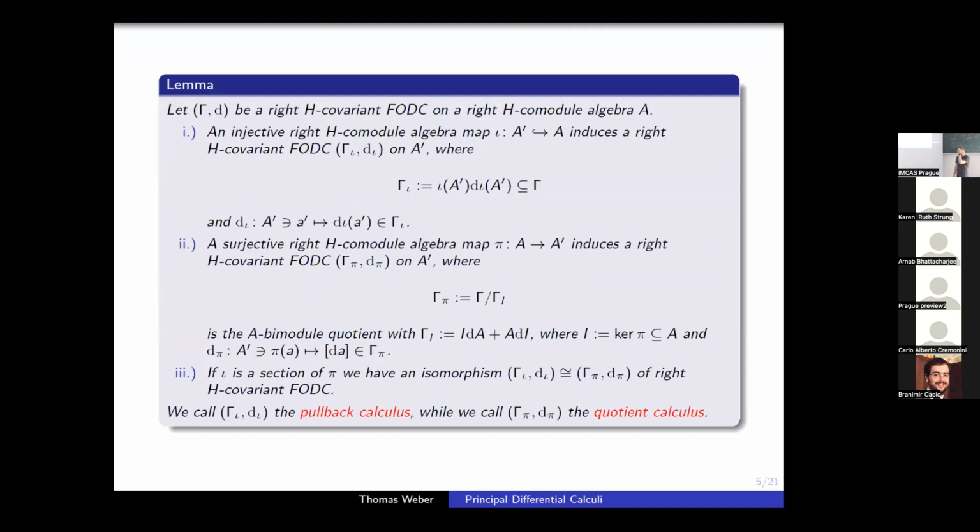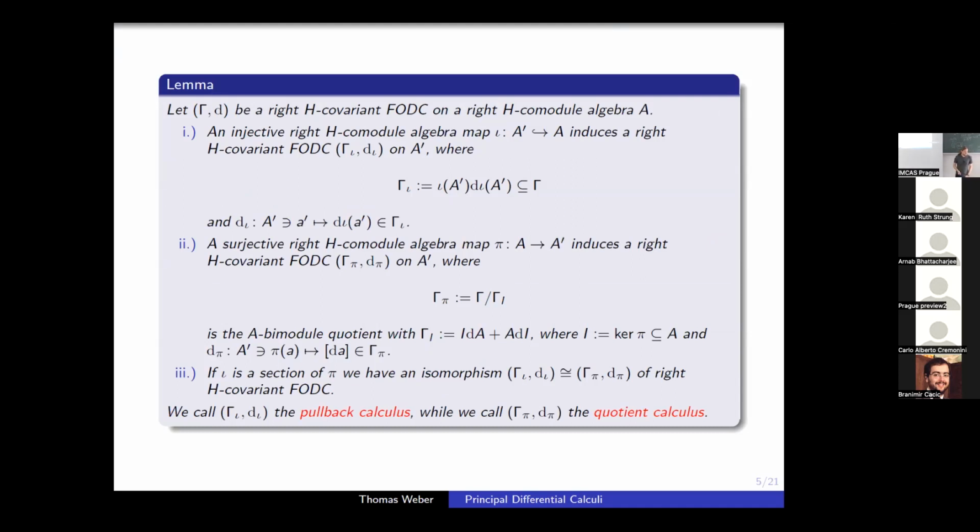Some quite trivial lemma that will be useful is that if we have a right H covariant calculus on a right H comodule algebra A, we can get from an algebra injection and from an algebra surjection other calculi. This is what is written in 1.